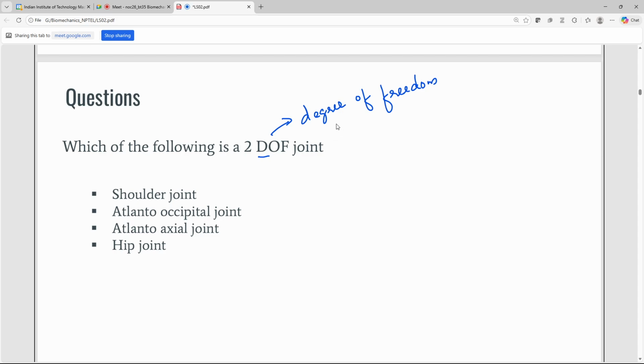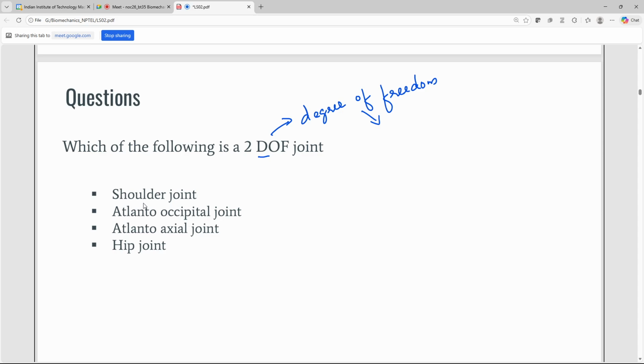Degree of freedom simply means the number of motions allowed for a particular joint. So which of the following joints has 2 degrees of freedom?